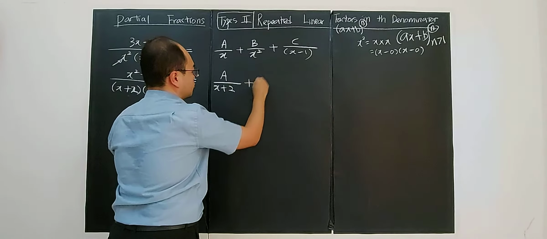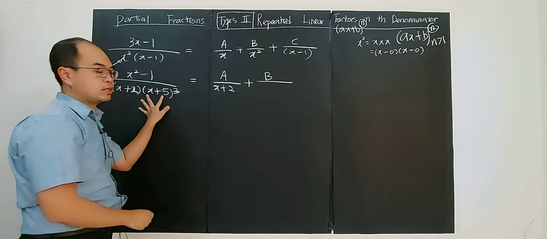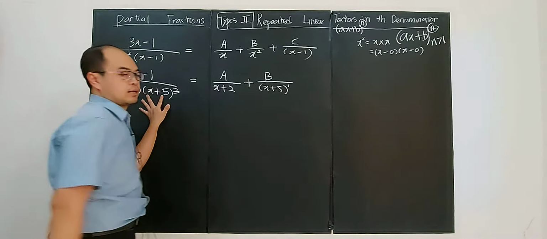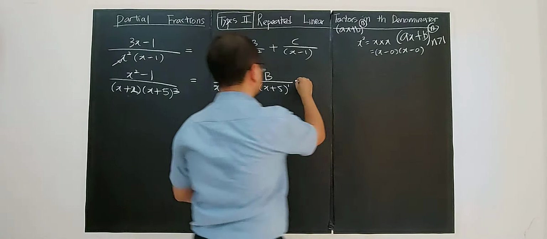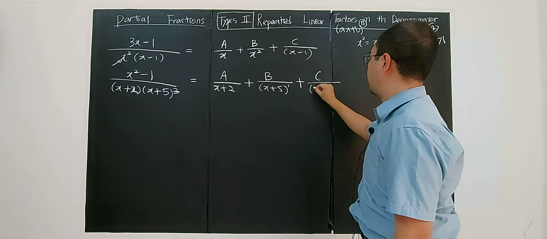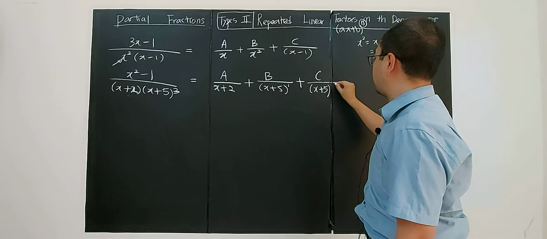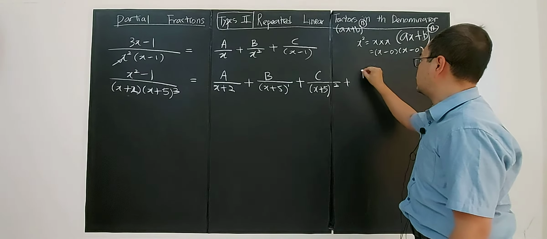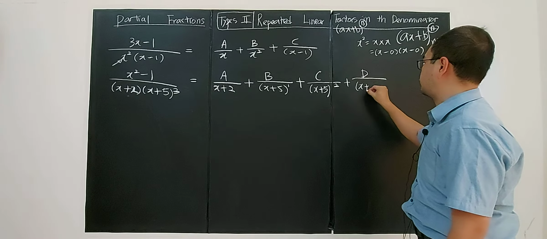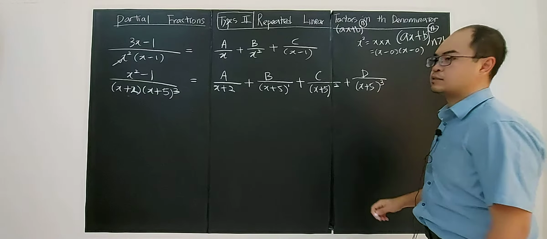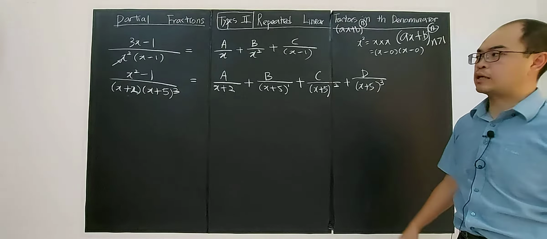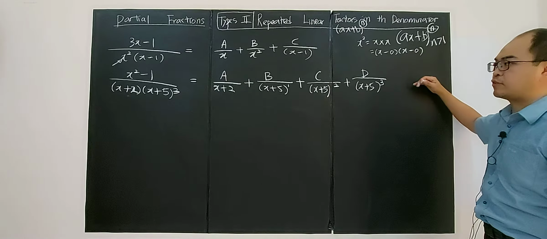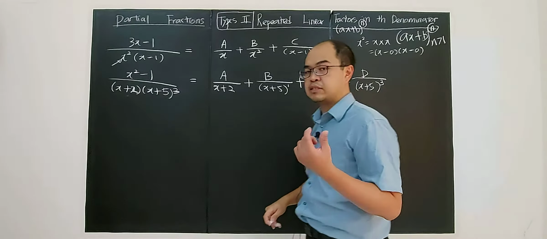So you have to start with B over x plus 5 to the power of 1 at first, followed by C over x plus 5 to the power of 2, and later D over x plus 5 to the power of 3. Can you see that? 1, 2, 3. If this one is 4, you will have another one, E over x plus 5 to the power of 4. It depends on how many times it repeats.